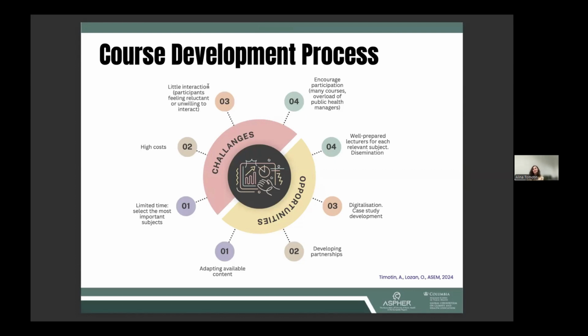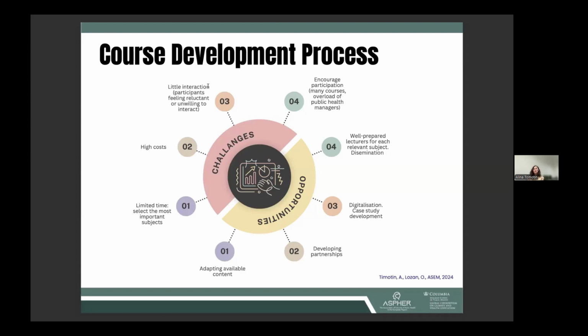High costs can be mitigated through partnerships, as demonstrated by the support that we get from UNDP in developing this course. In order to engage hesitant participants, we can provide some practical examples, and we try to facilitate group work and case studies in the final assignments, while also digitizing the content for greater accessibility.